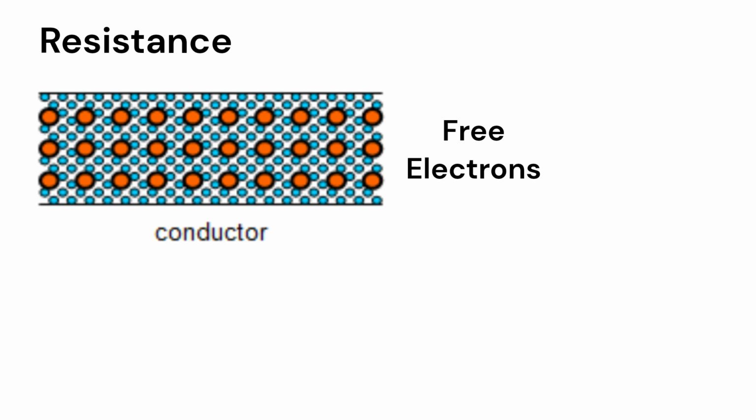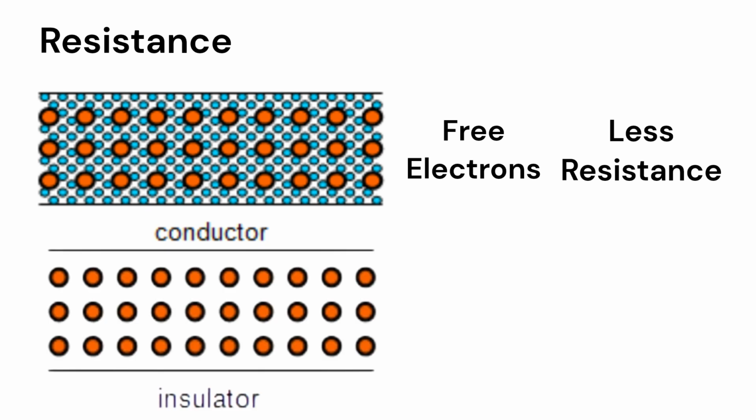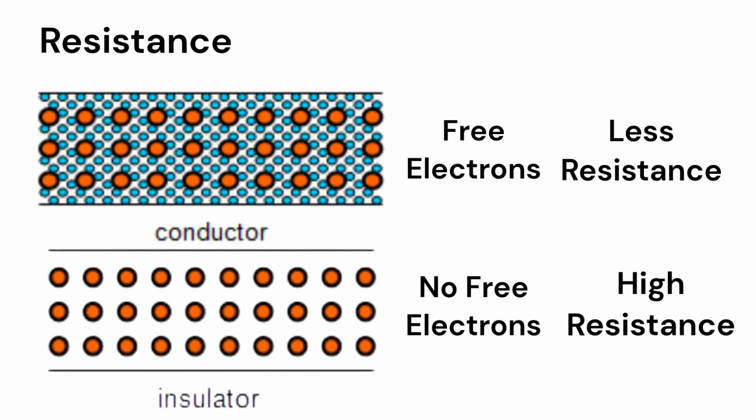The free electrons in the conductors are less bound to their atoms, so the electrons are more free to move, which means the resistance is low. But in insulators, the electrons bond strongly to their atoms. So there are no free electrons or very few free electrons to move, which means they restrict or don't allow electrons to flow through them. Hence, the insulators provide high resistance.